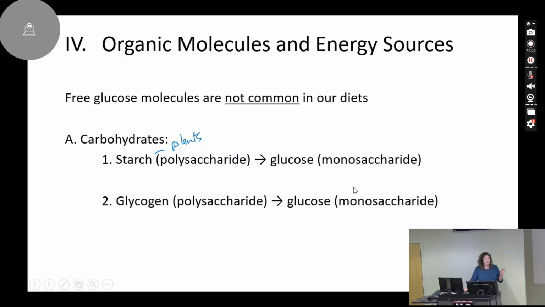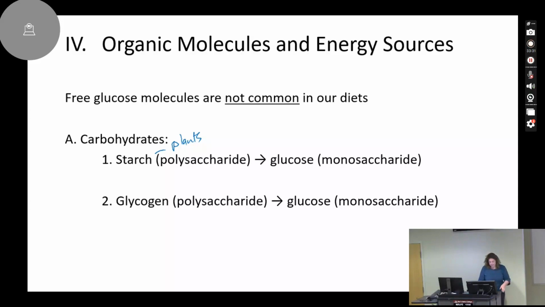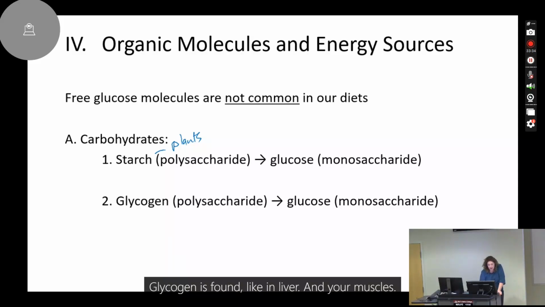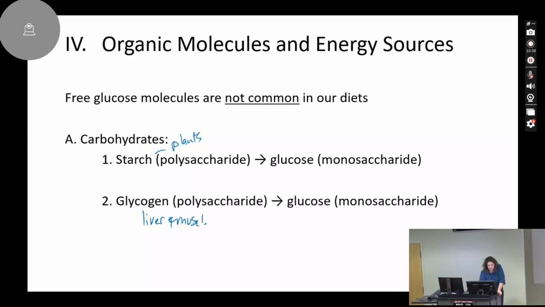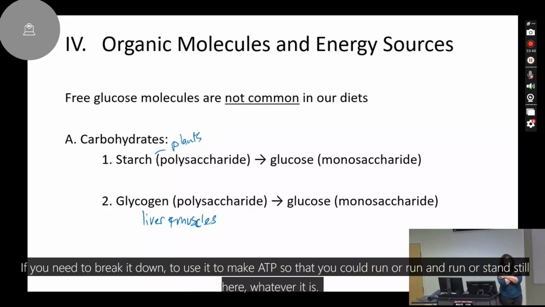In animals, sugar is generally stored in the form of glycogen. Glycogen is found in the liver and your muscles. Your muscles have this storage of glycogen so that it's ready to go if you need to break it down to make ATP so that you can run and run and run, or ski and ski and ski, or whatever it is.